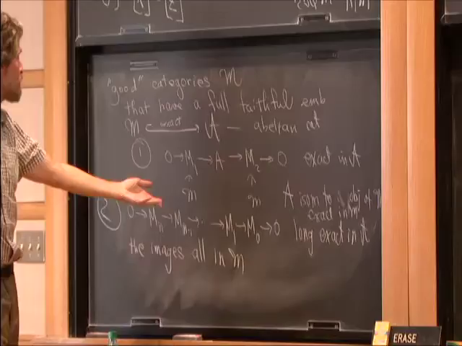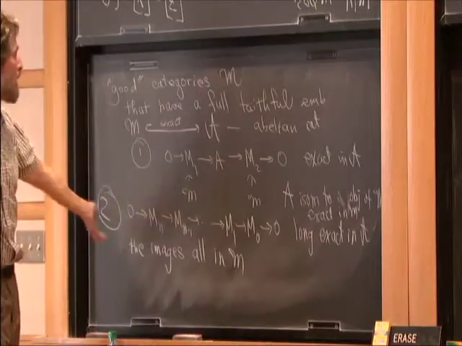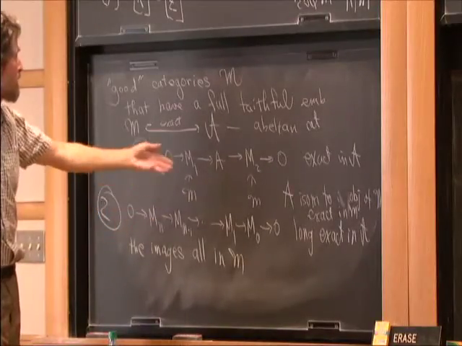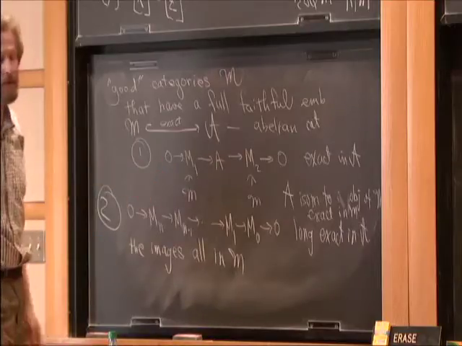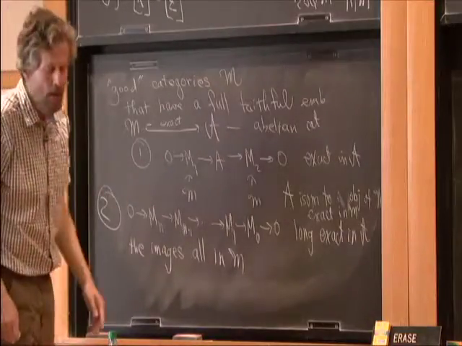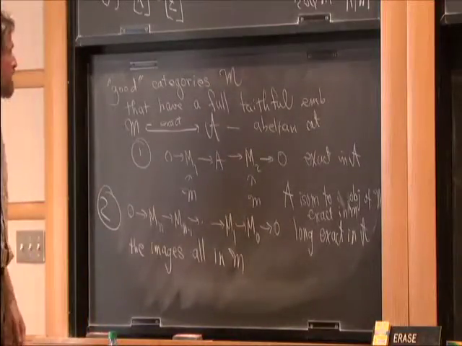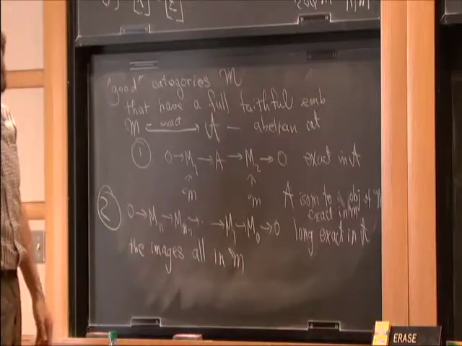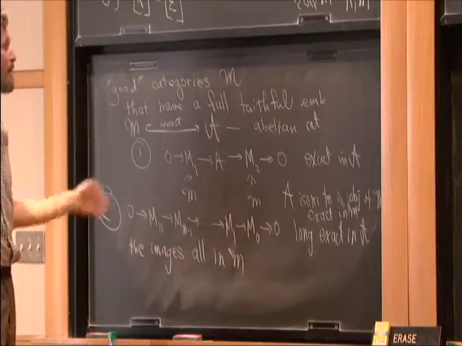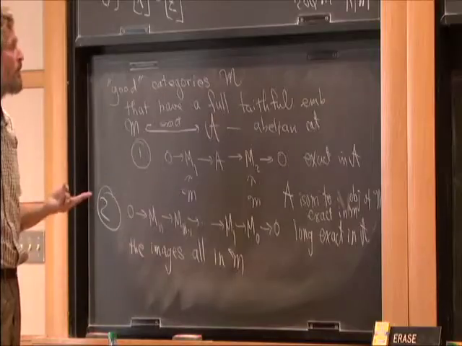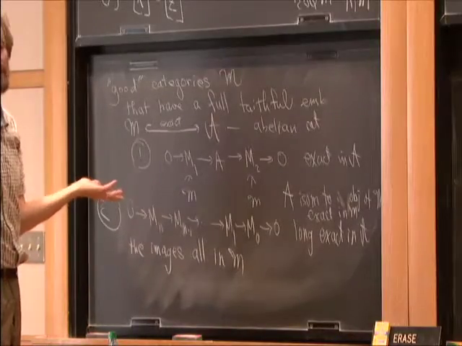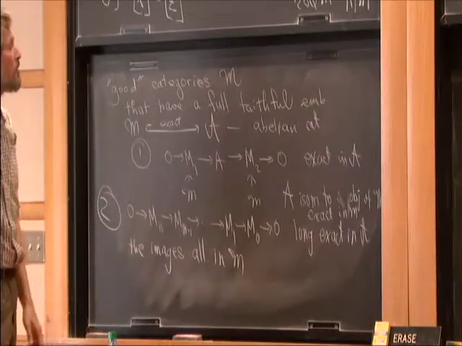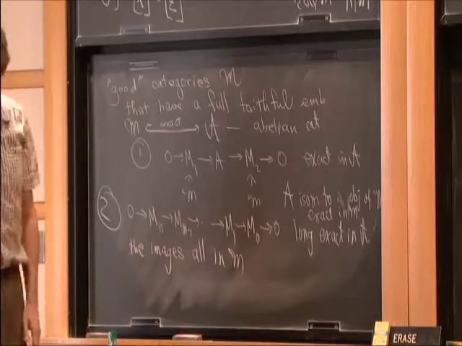And with this property in hand, the long exact sequences behave well in the ambient abelian category. And so all of the standard facts about long exact sequences suddenly become true, and you can use homological algebra. So for example, if you have a short exact sequence of chain complexes and any two of them are acyclic, then so is the third. This is something you couldn't prove without some other condition on the exact category.